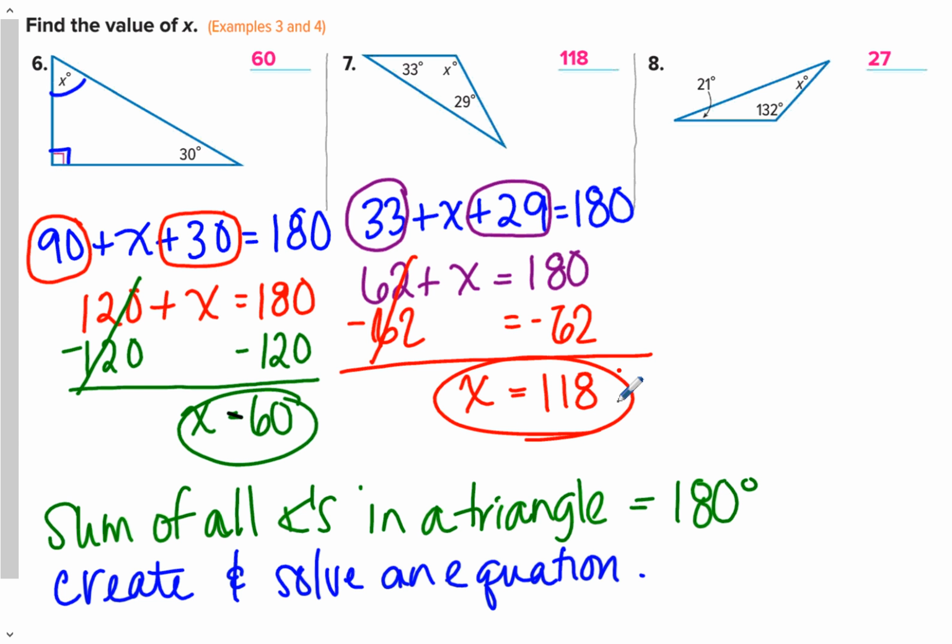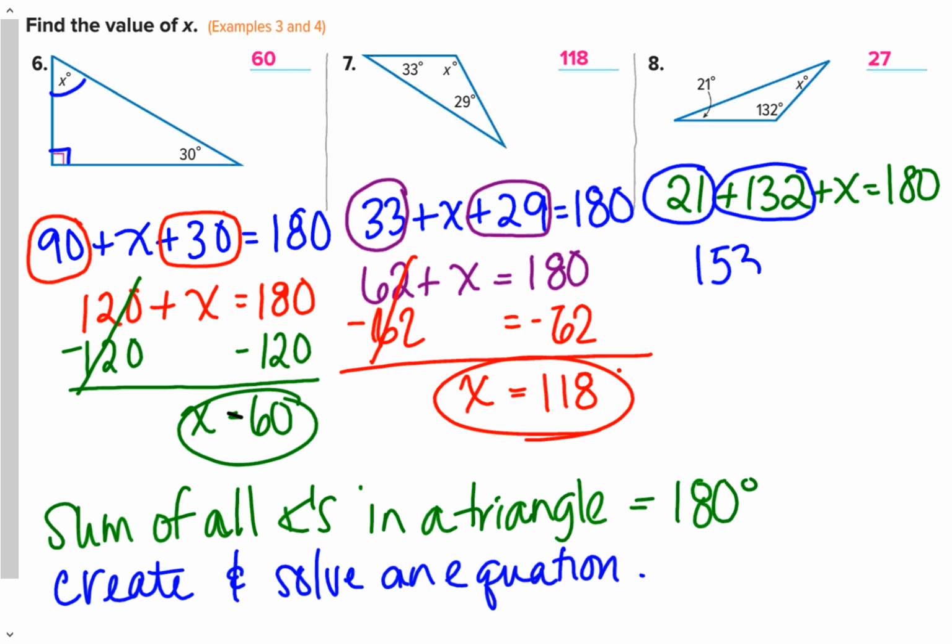All right, and here's our last one. Again, we're going to add up all of our angles and set it equal to 180. So we've got a 21, we've got a 132, we've got an x, and that's going to equal 180 degrees. Again, I can combine my numbers, not my letters with my numbers, just my numbers and numbers. So 21 plus 132 equals 153, plus x equals 180 degrees.